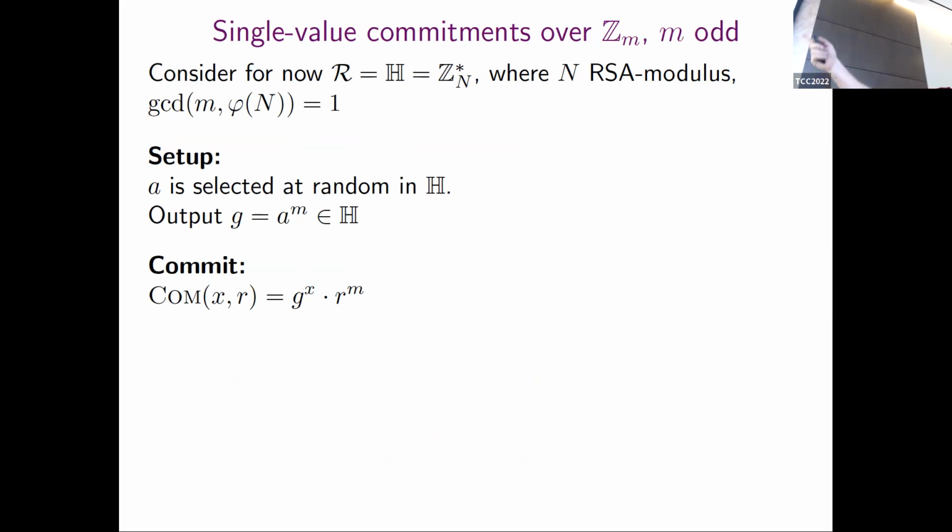I just wrote it there to notice that any element that you sample there is of the form a to the m for some random a. Then the commitment can be constructed by just raising these elements to x and then multiplying by r to the m. And that works. Of course, to guarantee bindingness, the committer should not know this value a in the setup.